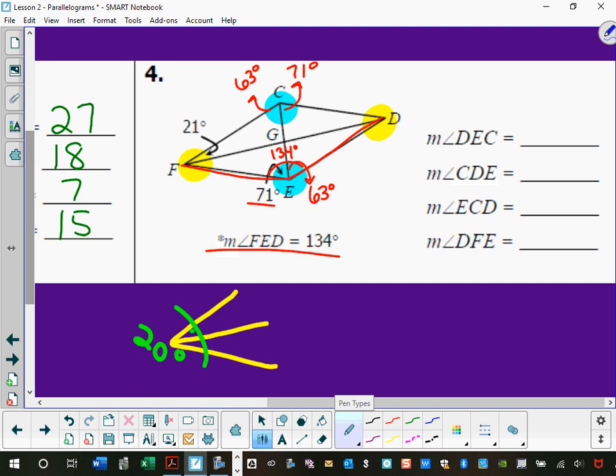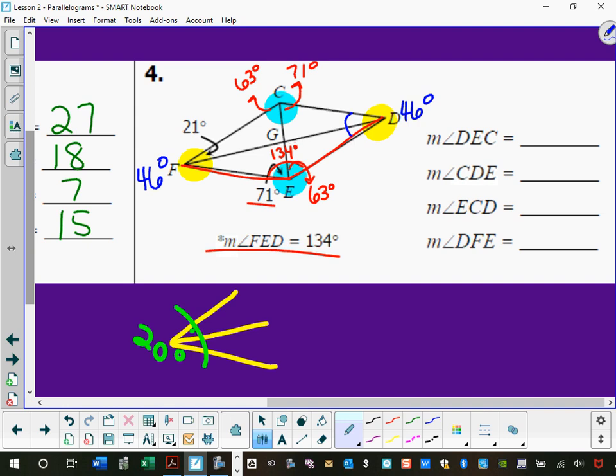All right, so if this angle was 134, these two angles combined have to have a measure. We know that consecutive angles are supplementary. So what's 180 minus 134? That means that this angle D, both of these angles together, have to be 46 degrees.